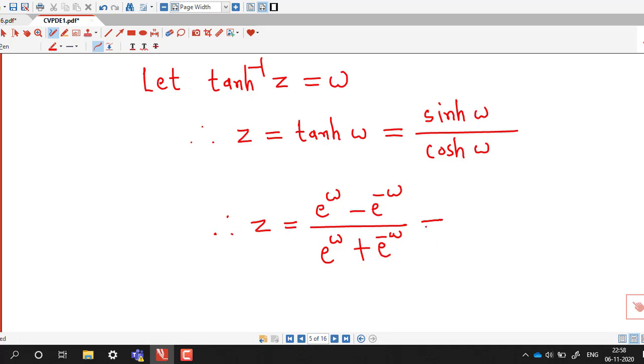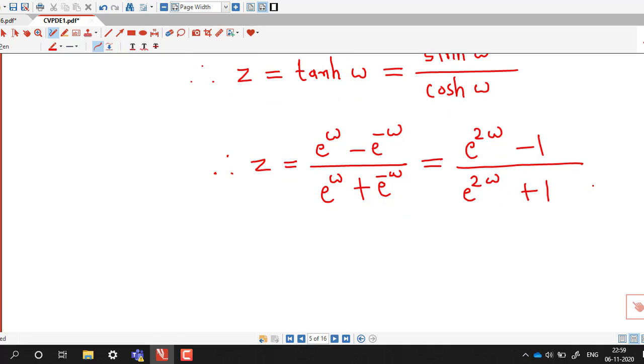So 2 will cancel out, and if we multiply this numerator and denominator by e raised to w, we have e raised to 2w minus 1 over e raised to 2w plus 1. We are multiplying this numerator and denominator by e raised to w.